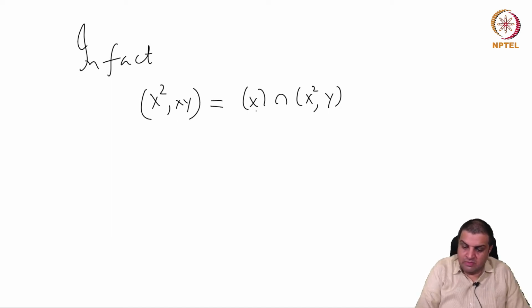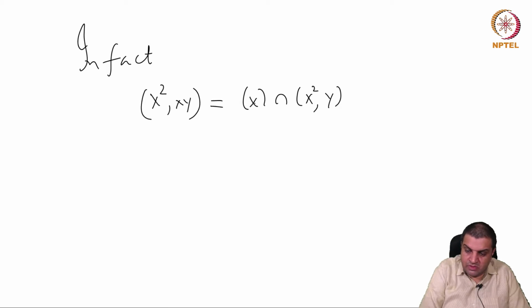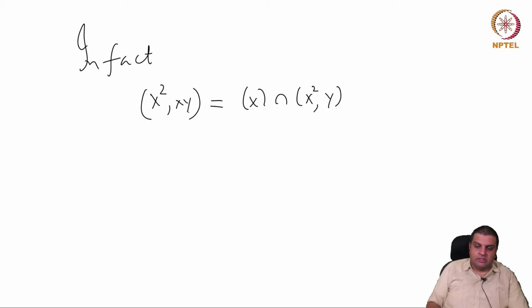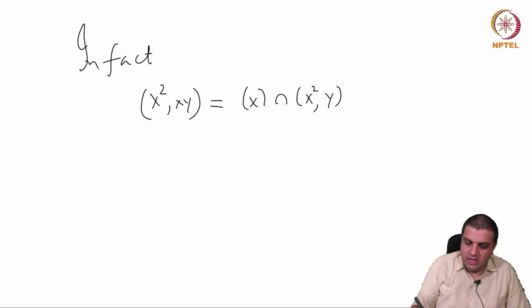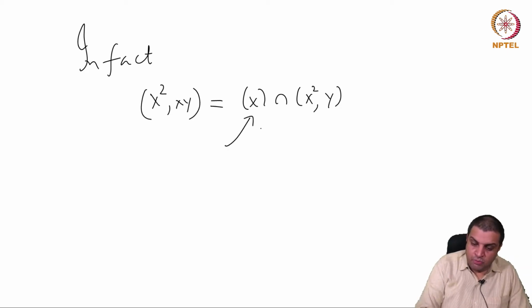Clearly the left side is contained in the right side. On the other hand, if you have something on the right side, it must be divisible by x, and it is written as an R-linear combination of x squared and y. Then you can remove the x terms outside and show that there must be an xy term. So this is equal.